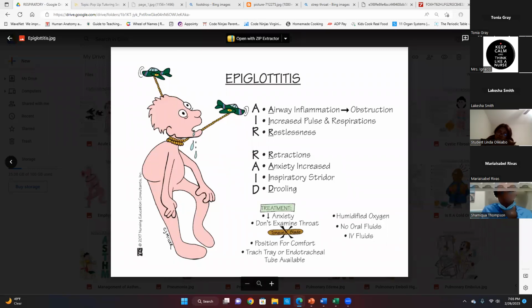Okay, and so where is this infection? If a patient has empyema, where is the infection?